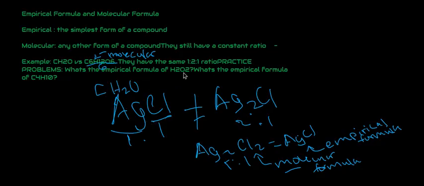What's the empirical formula of H2O2? Well, what did you guys say for that one? Just pause the video. Remember, you can divide by 2, you just get HO, or OH, I don't like the way that, right. What's the empirical formula of C4H10? You can just divide by 2 to get C2H5.